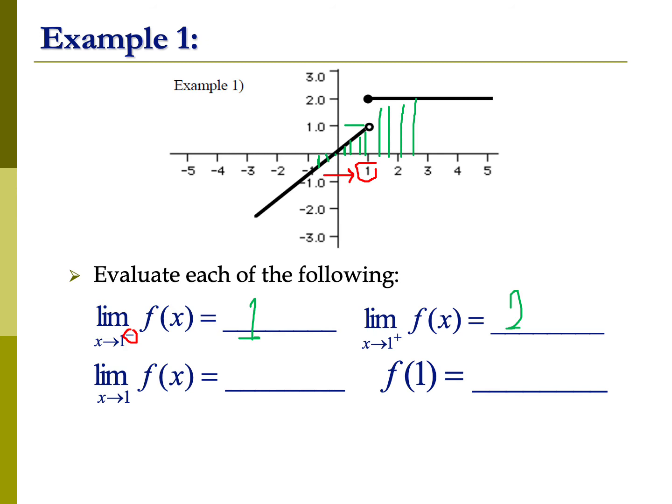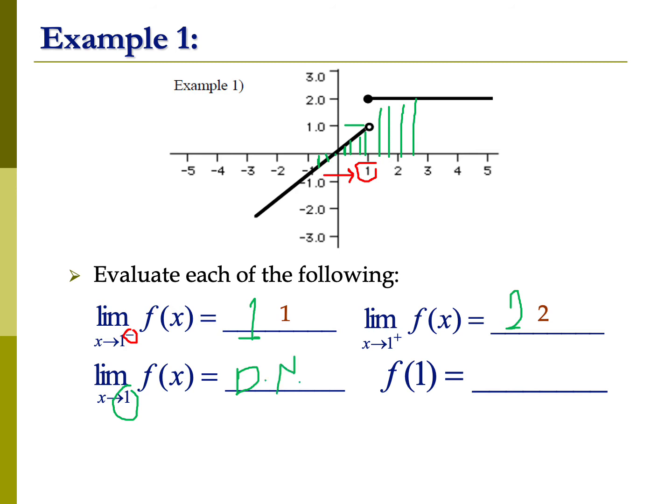So here I got 2 different limits. The left limit is 1 and the right limit is 2. And we just said if the left limit at the same point doesn't equal the right limit, that means the limit in general at 1 does not exist.